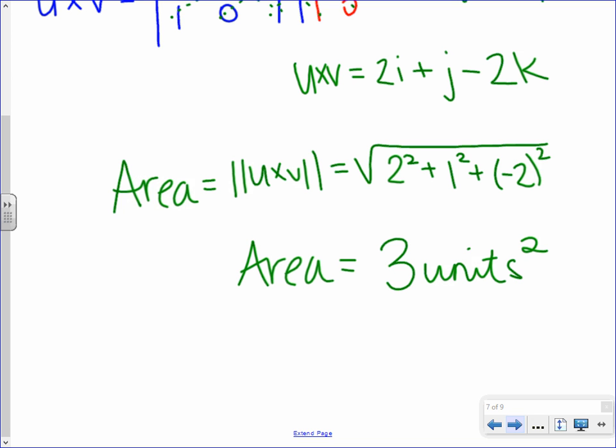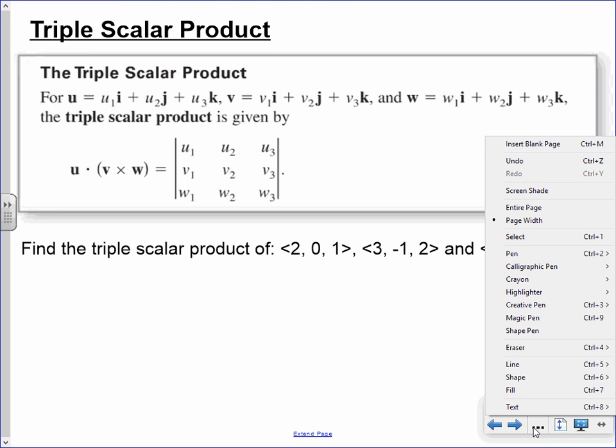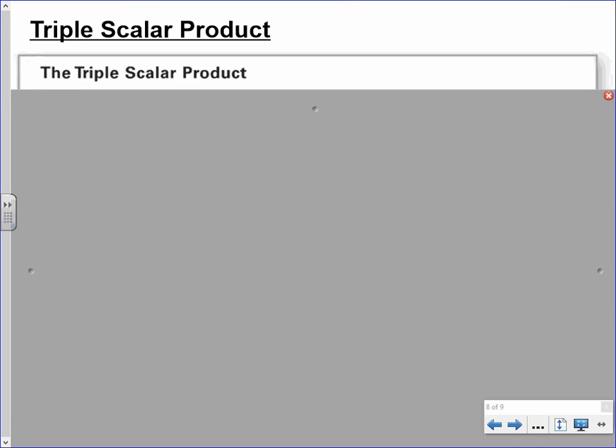Are you ready for the last slide? Okay, so we're going to talk about what's called the triple scalar product.